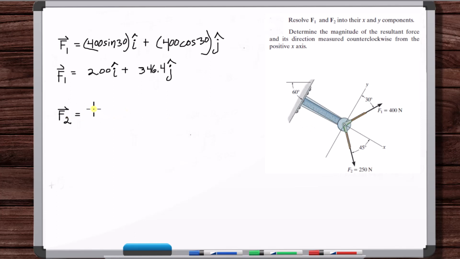So we've got 250, and then adjacent over hypotenuse, cosine of 45, i hat, minus 250 sine of 45, j hat.